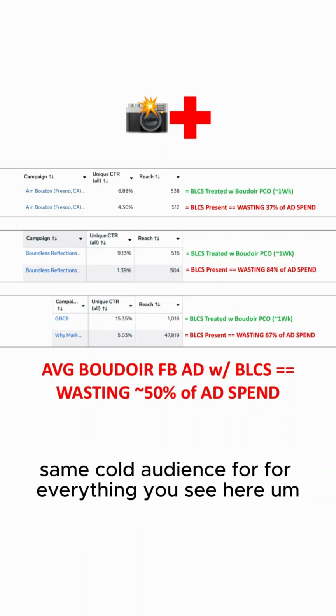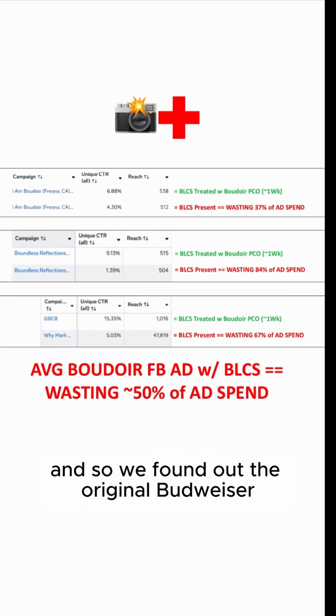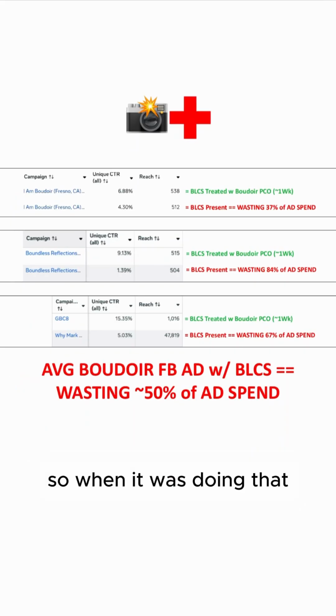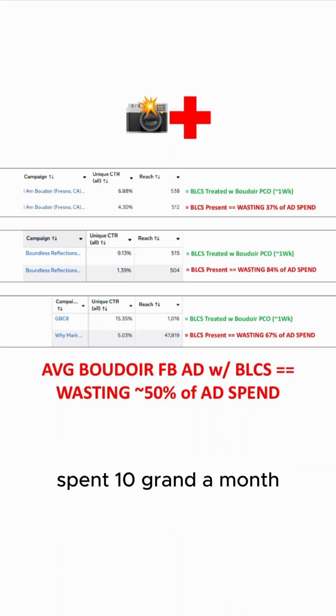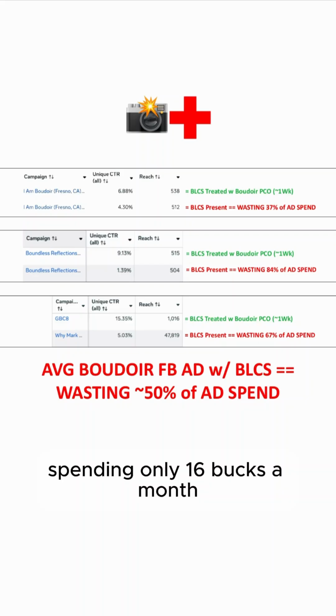It's the same city, same cold audience for everything you see here. And so we found out the original Boudoir Facebook ad was wasting 84% of its ad spend. So when the original Boudoir Facebook ad was spending 10 grand a month, instead of doing that, we can actually do the Boudoir Pico treated ad spending only 1,600 bucks a month.